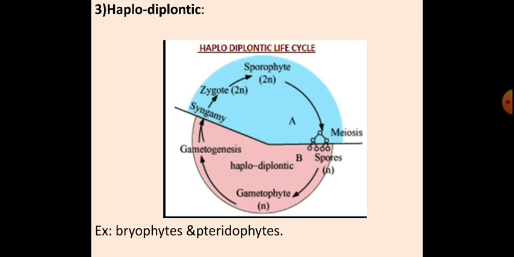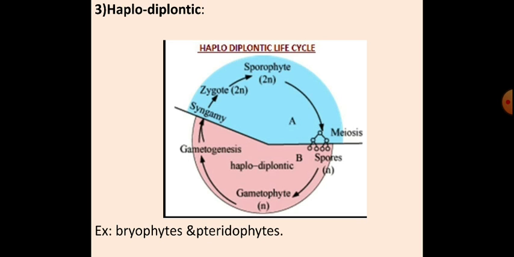You can see in the cycle there are both sporophytic and gametophytic plant bodies. So it is neither haplontic nor diplontic. It exhibits both, so it is called the haplodiplontic life cycle, exhibited by bryophytes and pteridophytes.